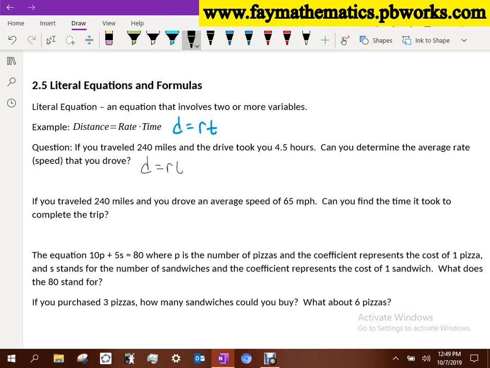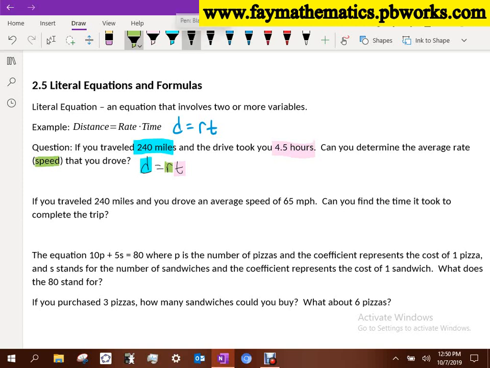Now we're going to figure out, okay, what was the distance they talked about? Well, distance was 240 miles, right? So plug that in there. It's just that substitution game that we've played before. 4.5 hours, is that a rate or a time? Time. And it's asking us for the average rate, or a lot of times you'll see them write speed, that you drove, so that's your rate, right?